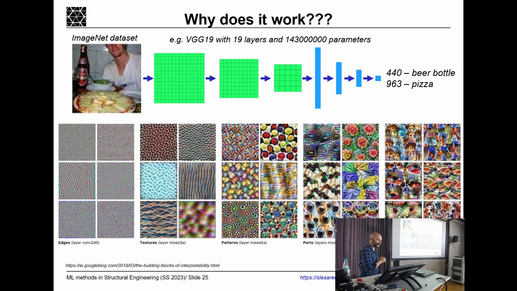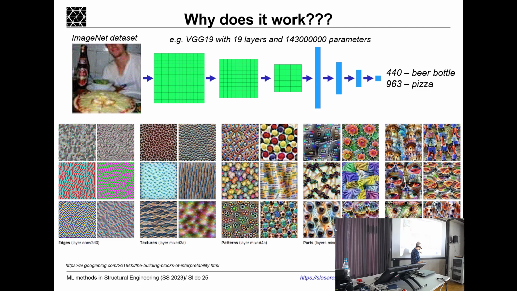For instance, this is a good example from the GoogleNet network. So this is the first layer's output. When you apply the filters of this first layer, you see that the neural network detects more or less just lines, lines in different directions. But then you go deeper through the neural network, and your next layers start to recognize textures.